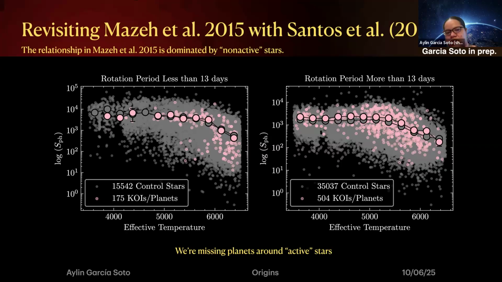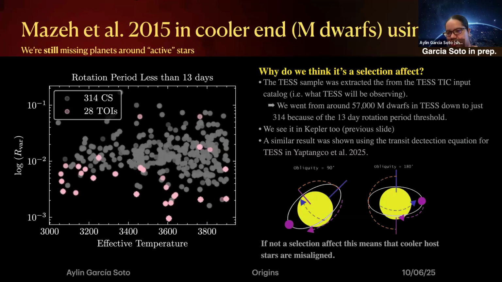And so that's the selection effect that the referee brought up, and it's true. That's what we think we're seeing for TESS, that these are very active. But there's also not enough planets in order to say that this is a real result. And there's also not enough stars as well. I ran a similar test to what the Mazeh et al. papers did. They did a KS test where they were saying, is this difference real?